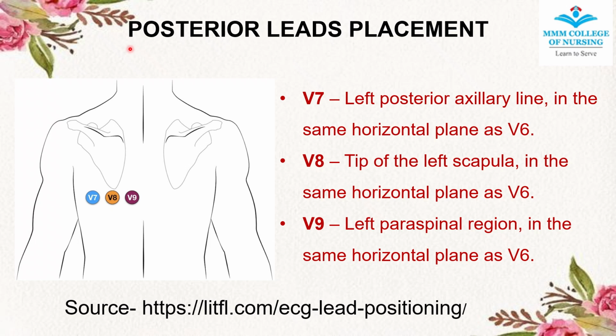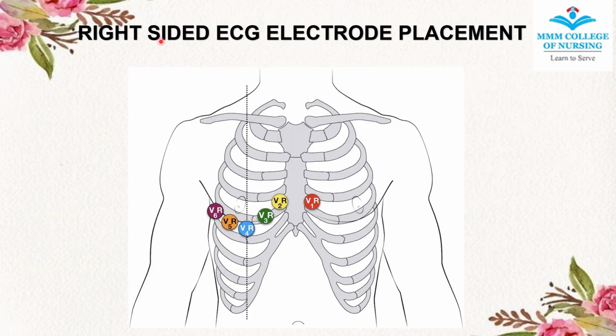The right-sided ECGs are recorded by placing leads V1 to V6 as a mirror image of the positions which were discussed earlier in the chest lead placement. Hope you remember that lead V1 is positioned at the fourth intercostal space at the right sternal border, and V2 at the fourth intercostal space at the left sternal border.